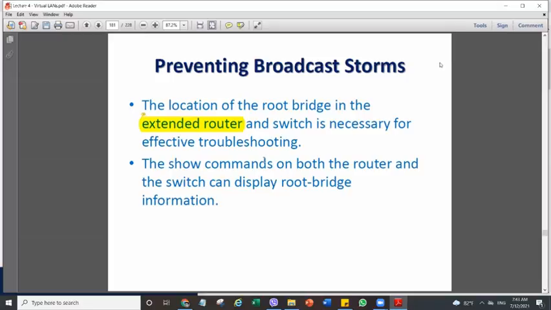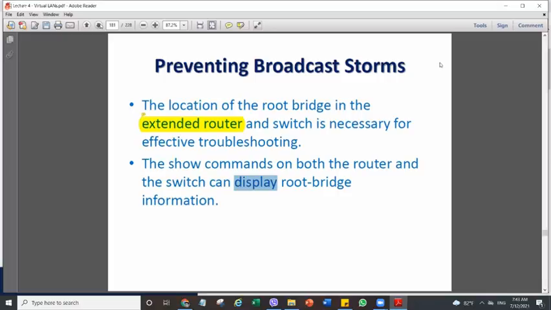Right. So we'll move forward with the next one. Show commands on both the router and the switch can display root bridge information. So it is obvious. You know how to use the show commands to find out the root bridge and the others labeled as designated, right?